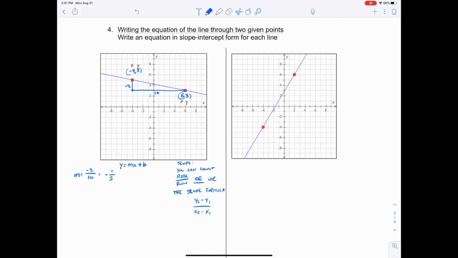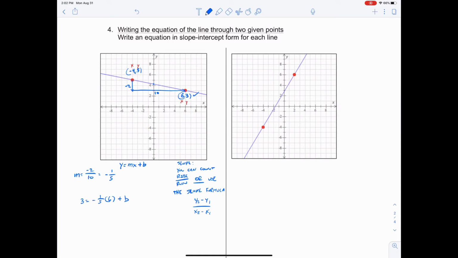How can I do that? I can just choose a point and solve for b. So I'm going to use this point here, 6, 3. So my y is 3. My slope is negative 1/5. My x is 6, and then I have plus b, because that's what I'm trying to find.